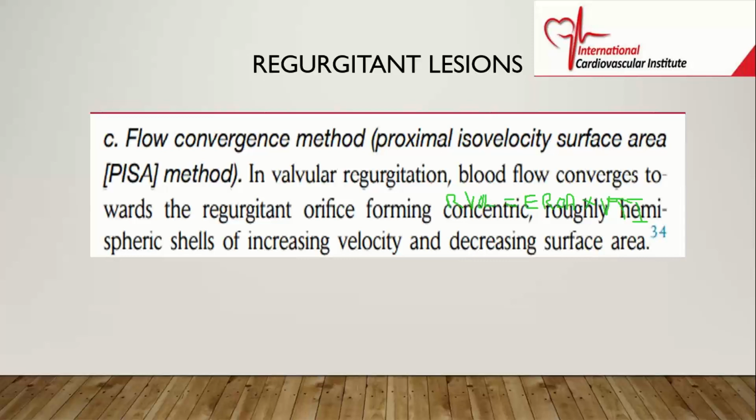The flow convergence, as we showed you before, is just above or just at the regurgitant orifice. It is hemispheric flow. I would call that the PISA, the proximal isovelocity surface area, PISA method.